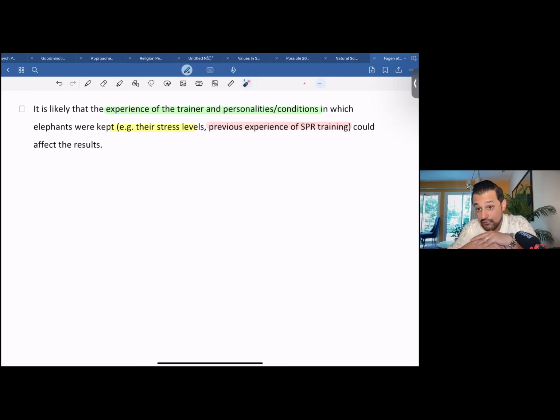So the experience of trainer is a factor that could not have been controlled. The personalities, their conditions, the living conditions, and the time when the data was collected. If you remember, the data was collected during 2 different intervals. And if you do not really recall this, I have a pretty comprehensive video on this that I recorded, and I put it here, for about around 2 hours.